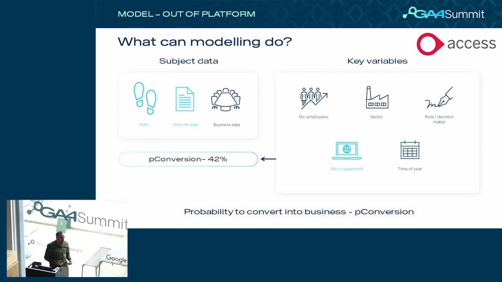What they did on the site, did they engage with key pages to signify intent, etc. The time of year, if it's about now, budgeting might play a role in determining that they might have a heightened sense of intent to convert. So again, we can place a probability to convert for that form or that user of, say, 42%. And again, we'll come on to what we actually do with that later.